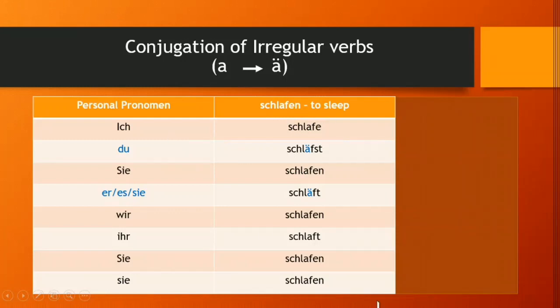Ich schlafe, du schläfst, er/sie/es schläft, wir schlafen, ihr schlaft, sie schlafen, Sie schlafen. So for du it's schläfst, sie schläft. An example would be: Schläfst du viel? Do you sleep a lot? Schläfst du viel?